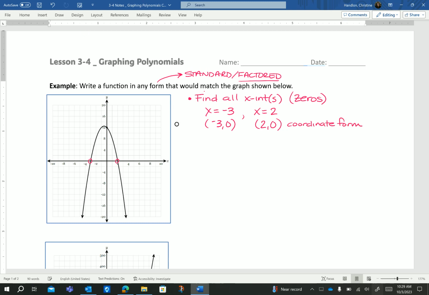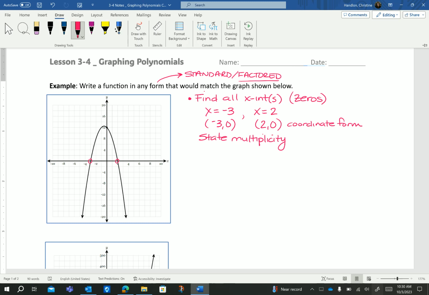Now, once you have established what those x-intercepts are, I want you to state the multiplicity of that zero. Remember, you are going to have multiplicities of 1, 2, or 3. To give you a reminder, I'm going to come over here in the upper right-hand corner.